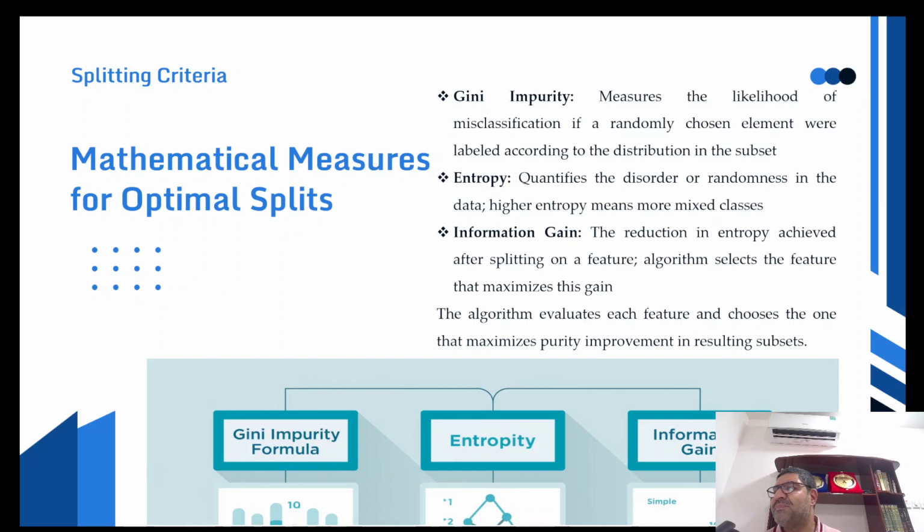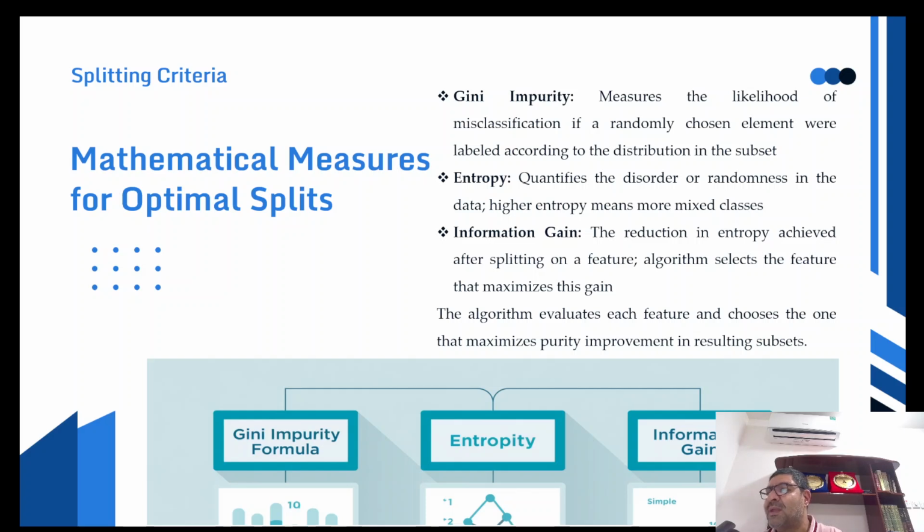I will be opening up Gini impurity, entropy and information gain. I'll be giving a brief of all three of them, but I will open up Gini impurity today, and I will be giving a detailed explanation of this before I go and show you the program written using decision trees.